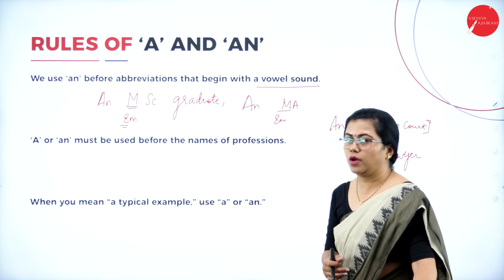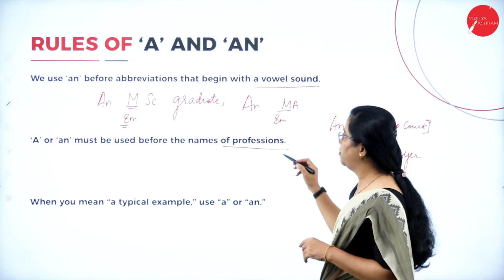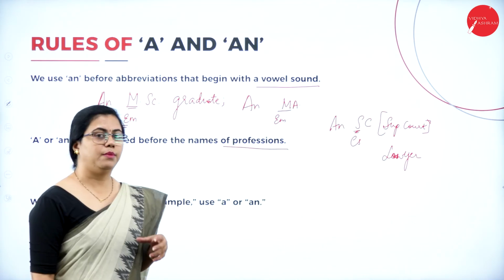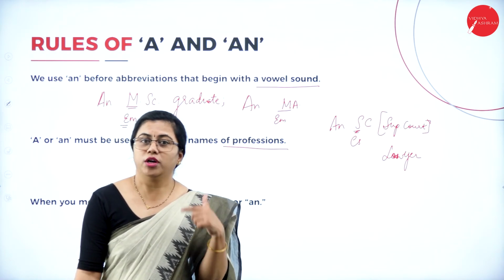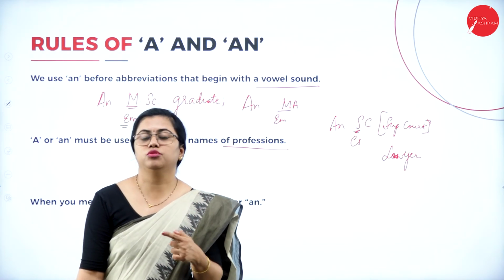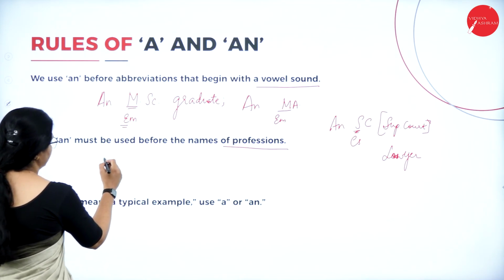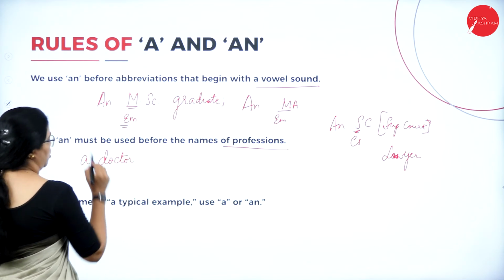Now again, a or an must be used before the names of professions. What is a profession? The work they do. He might be into the medical profession or the law profession, but what is he called? The name given to him. Suppose I say he is a doctor, then you use a doctor.